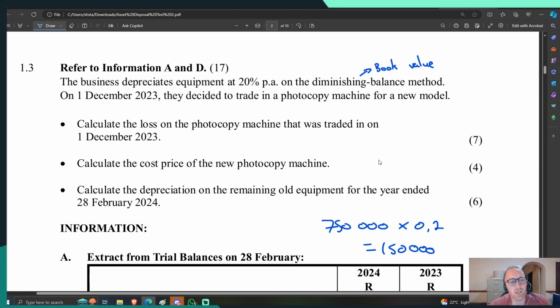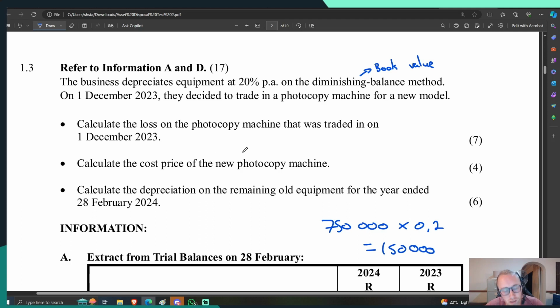On the 1st of December 2023, they decided to trade in a photocopy machine for a new model. So, let's calculate the loss that was traded in on the 1st of December 2023.